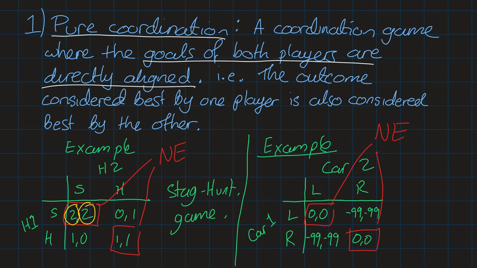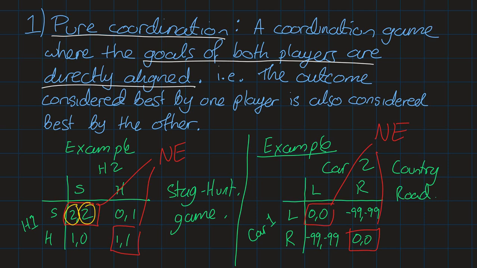So both cars have a strong incentive to coordinate and get a mutually beneficial outcome. If you remember, this is called Country Road. So this is pure coordination.